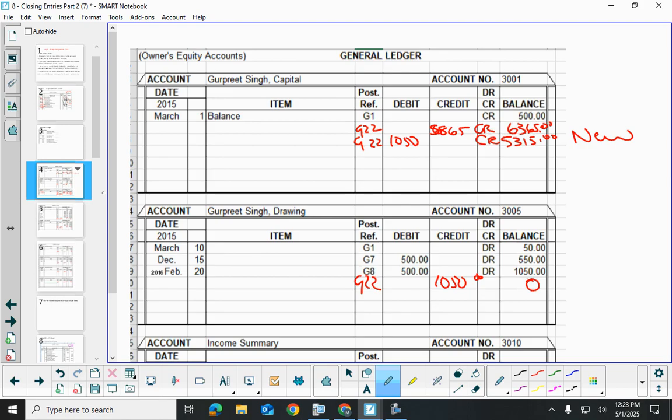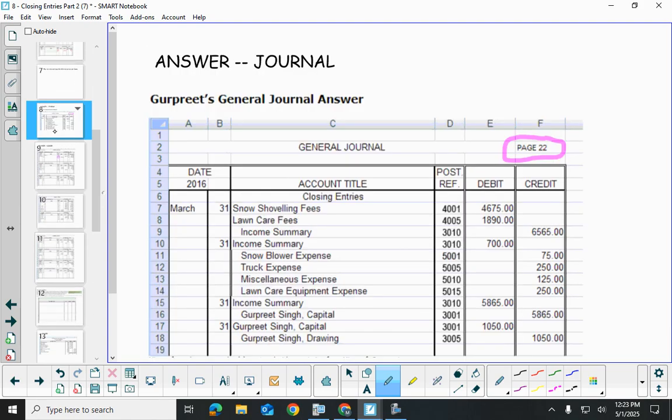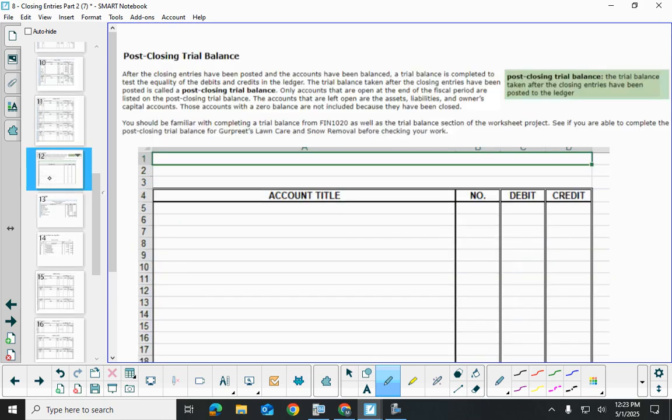Now, there is one final part to this. I'm looking for it here. Okay. And the final piece is what's called a post-closing trial balance. Okay, so just skipping your notes to find that is the post-closing trial balance.